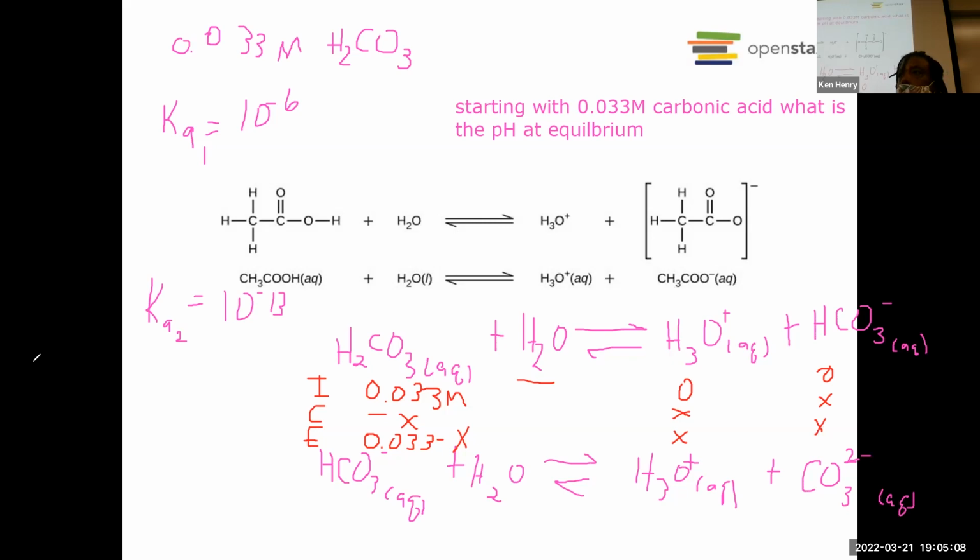So then we get Ka1 is going to equal the concentration of H3O plus. That's right. That is correct.